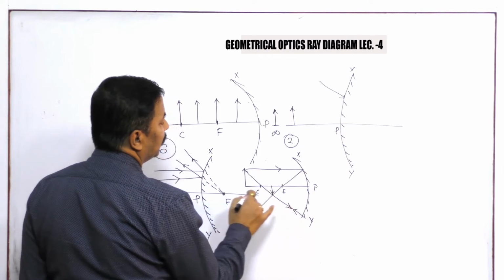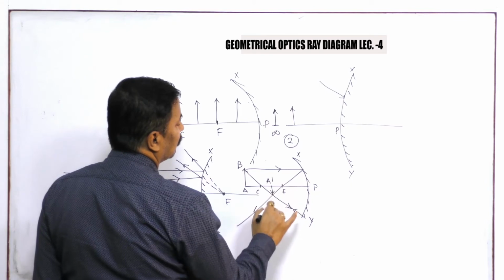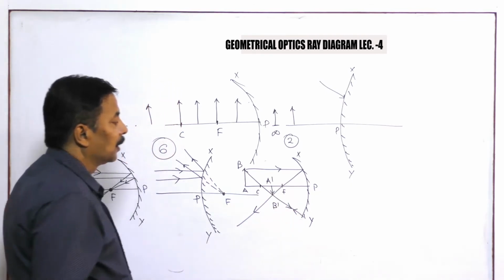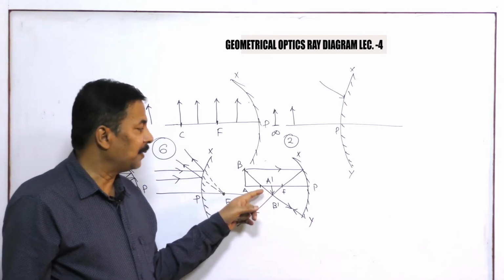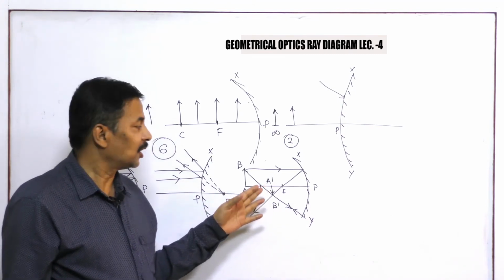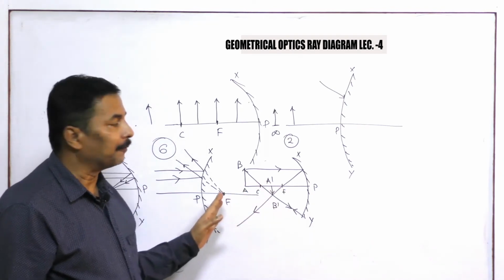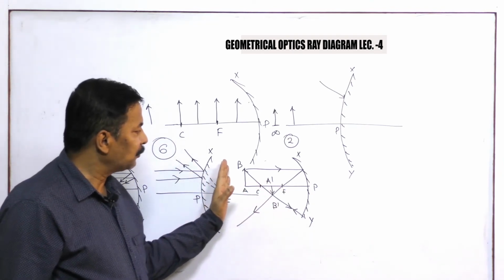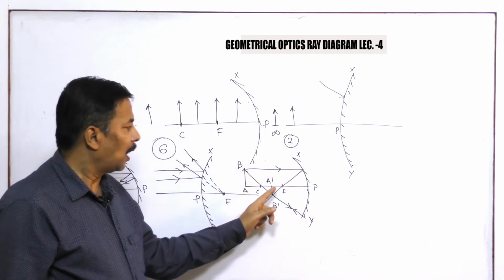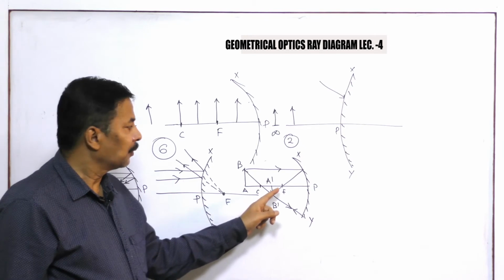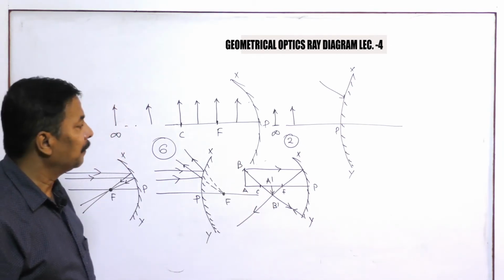So here you are getting the image, AB is object, A dash B dash is image. What we observe, real image is there, but this time the image is diminished, that is smaller in size, and the position is between C and F. If the object is shifted towards the center of curvature, the image will be shifting away from the focus. So this thing also you should keep in mind.